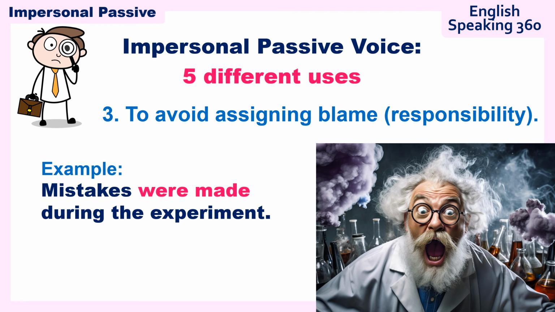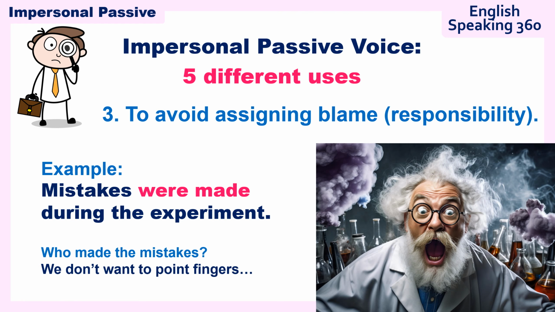So, here's what we're going to say. Mistakes were made during the experiment. Who made the mistakes? We don't want to point fingers. We don't want to say who messed up. So, we don't mention who messed up. We just say mistakes were made.